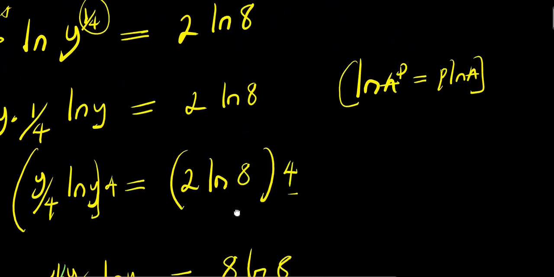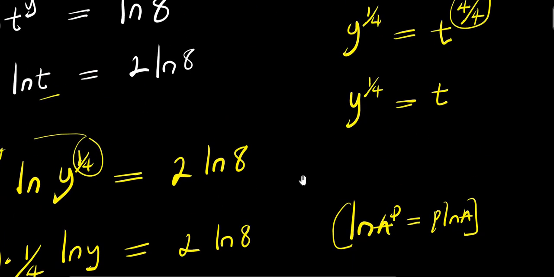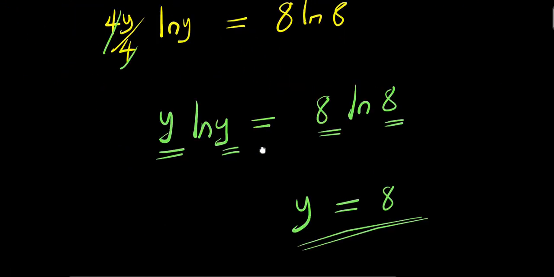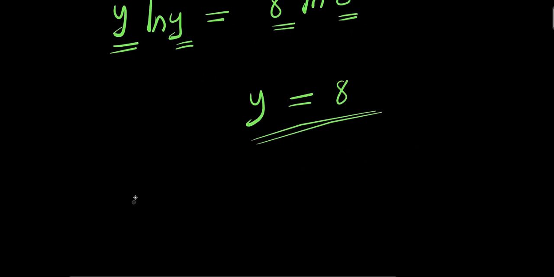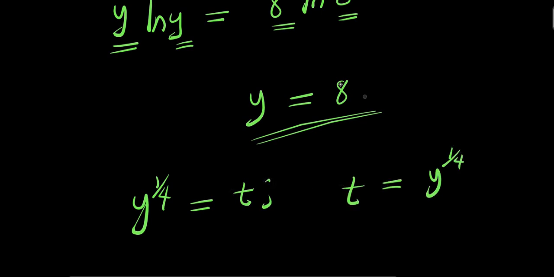So let's get back to this equation. We said y power 1 over 4 equals t, meaning t equals y power 1 over 4. And y is 8, so we have t equals 8 power 1 over 4.